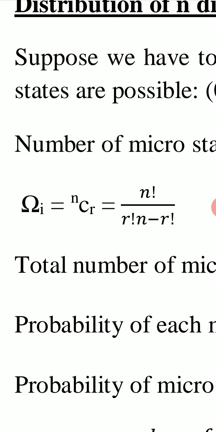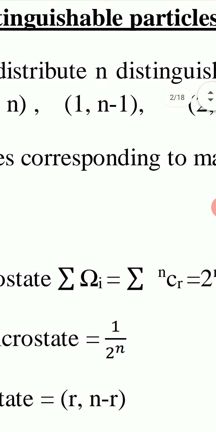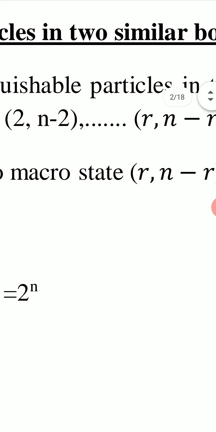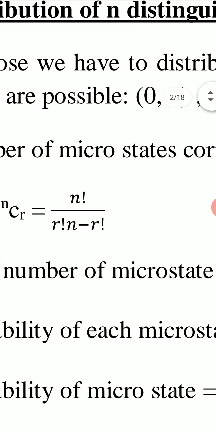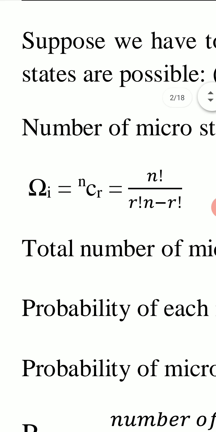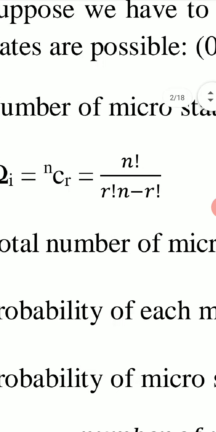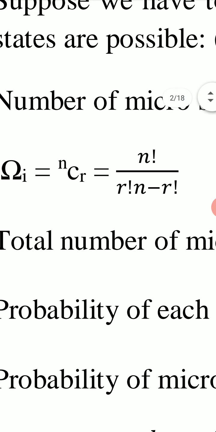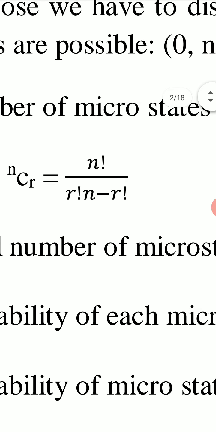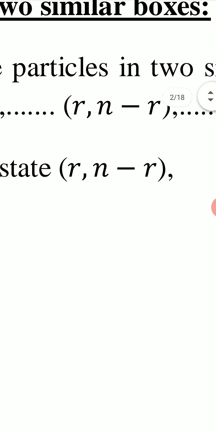We write it as omega i. Omega i is the number of microstates corresponding to this macrostate (r, n minus r), and this is given by NCR. N is the total number of particles and r is the number of particles in the first box.